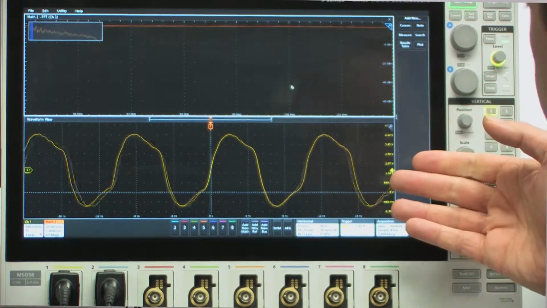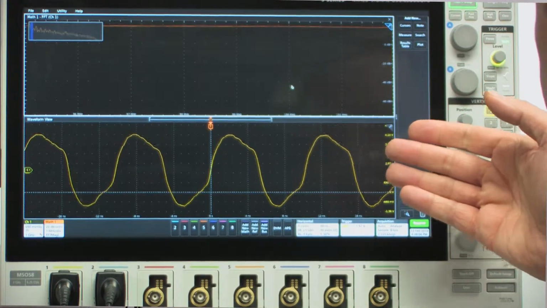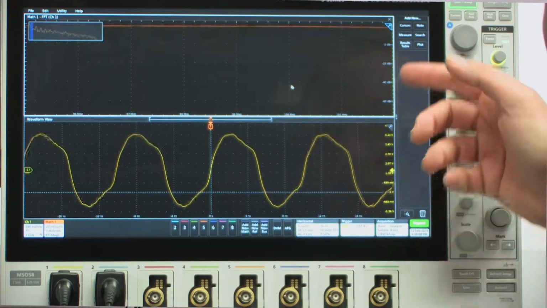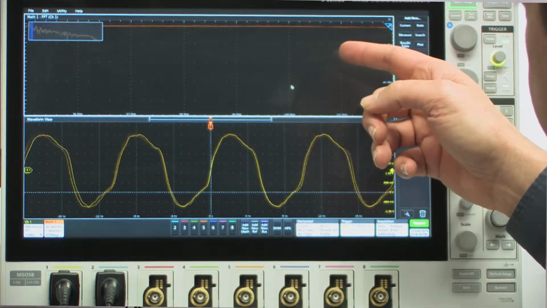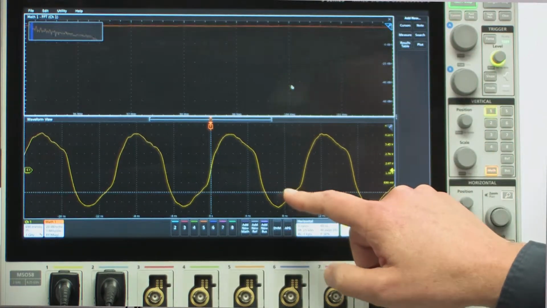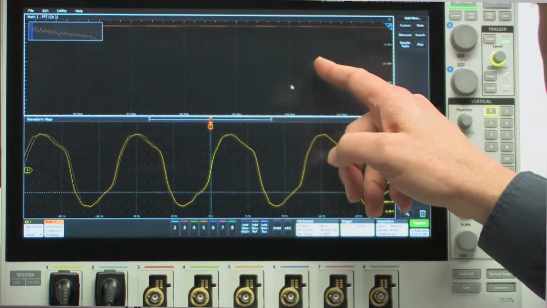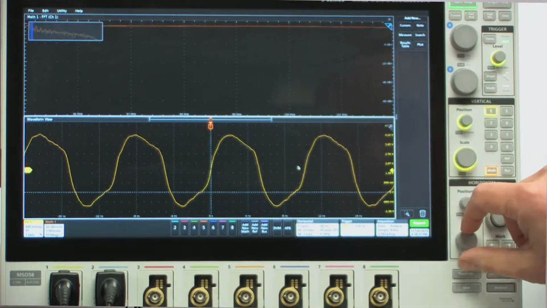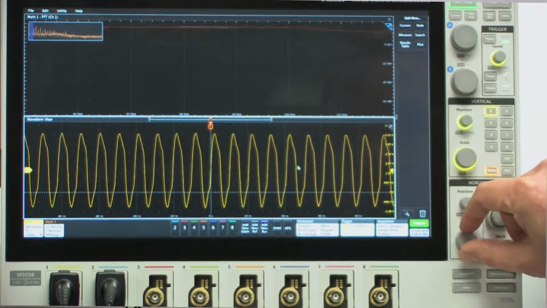This gets to the point that I was making above: understanding the sample rate, record length, and time per div settings of the oscilloscope. Resolution in my frequency domain display depends on the amount of time I capture in the time domain display. So to increase my resolution here, I need to capture more time here. So let's go ahead and do that.